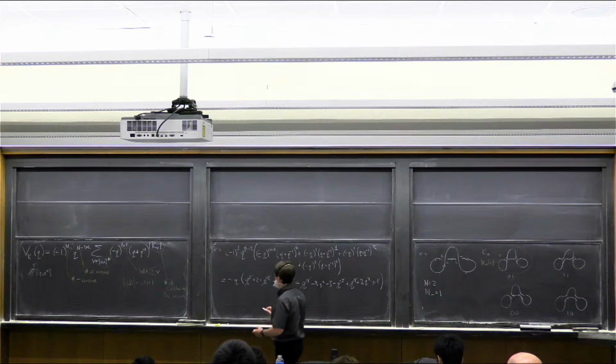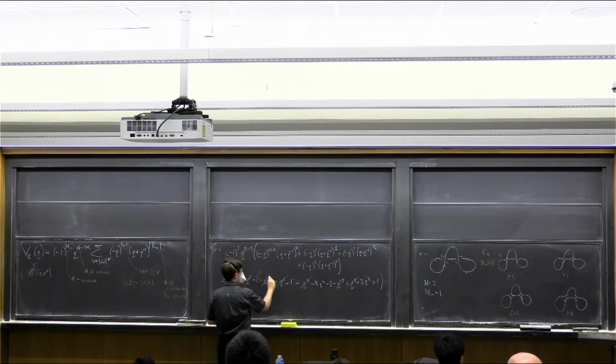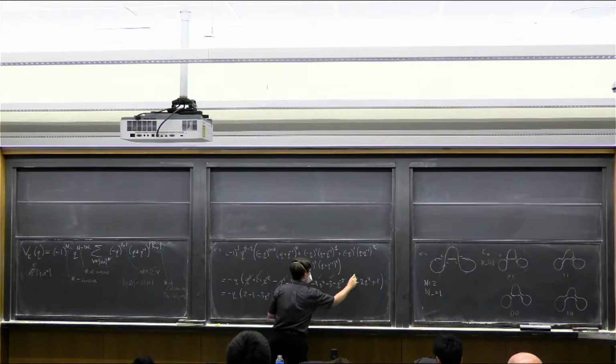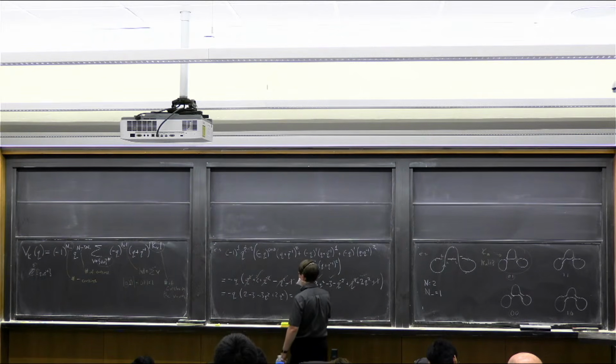This is getting a little bit hard to read, so let's just write that out again. Minus q times, let's see, 2 minus 3 minus 3q squared plus 2q squared, which is minus q times minus 1.